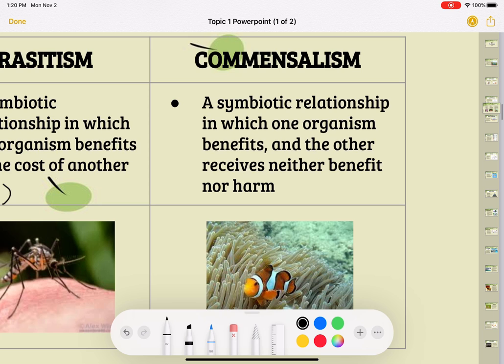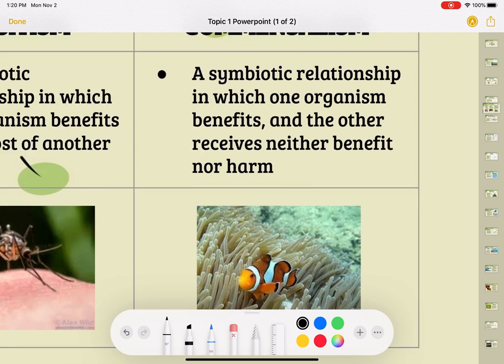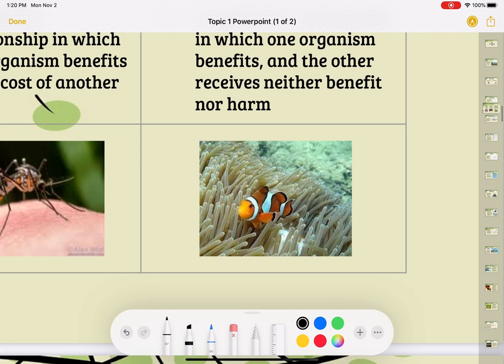Commensalism, this is a symbiotic relationship where one organism benefits from the interaction and the other doesn't really get anything. So it's not positive or negative. It's just neutral. So I put that as a 0 because one benefits and one doesn't get anything out of it.